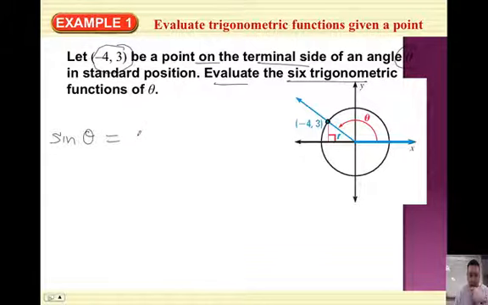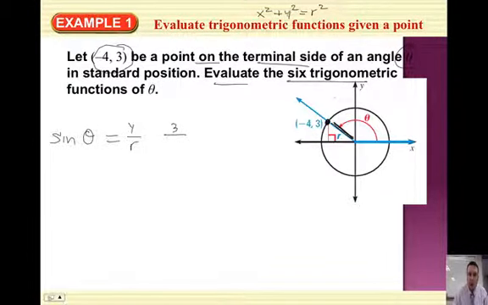Now, sine is, if you remember, y over r. And what's y? It's 3 over r. Now we don't know r. That means you have to go find it. How do we find it, you say? Well, you know x squared plus y squared equals r squared represents a circle. We know x, we know y, because that point is on the circle.